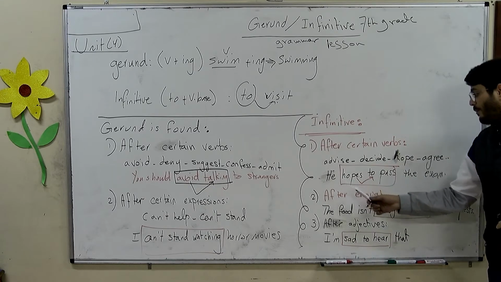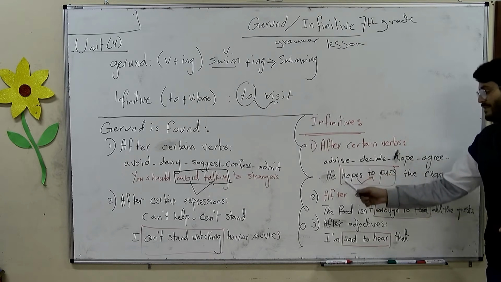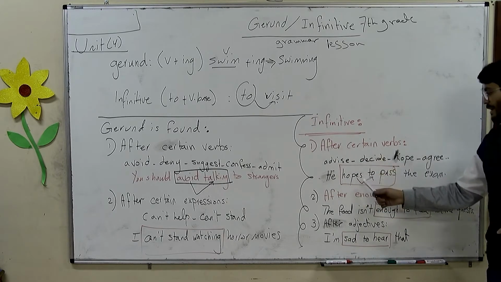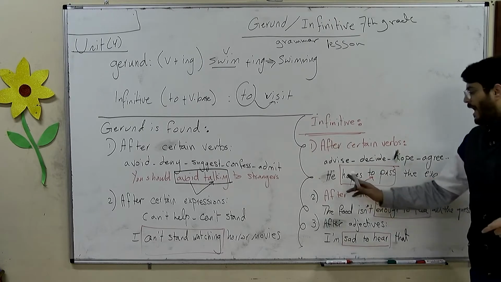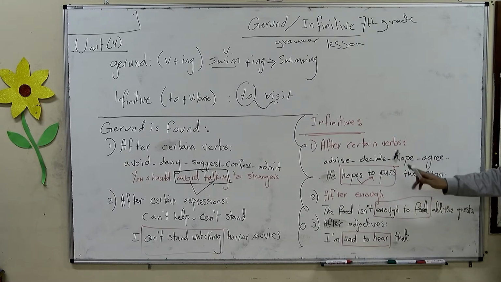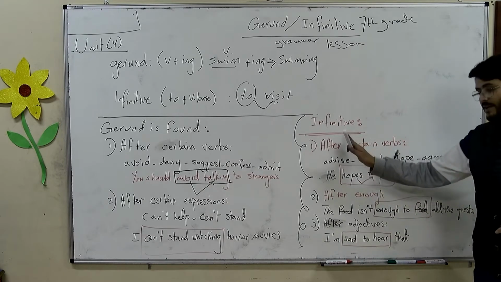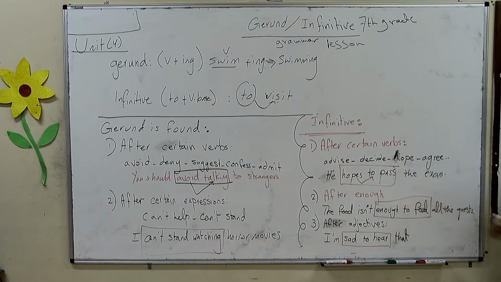As you see, after the verb hope, we use the infinitive, which is to plus the base form of the verb. Hope is one of the verbs that are followed by the infinitive.